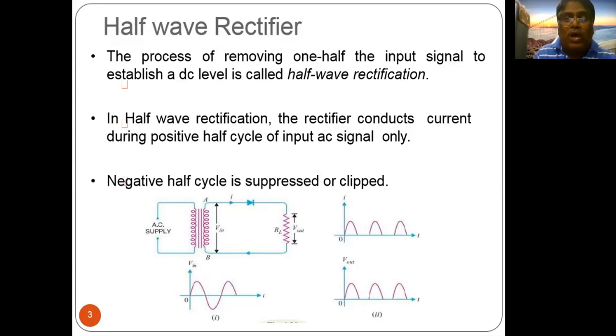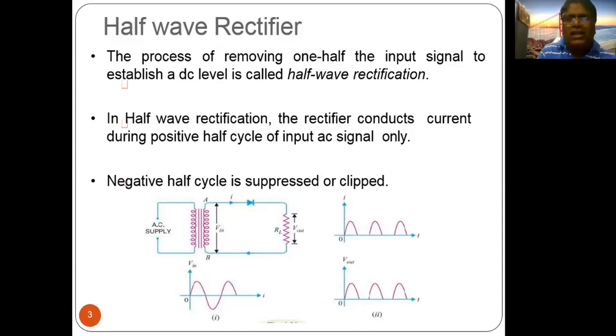During the positive half cycle, the diode conducts. Only the positive half passes, and the remaining negative half cycles are stopped. That means in the negative half cycle, there is no current passing. Why? Because during the positive half cycle, the diode D conducts.